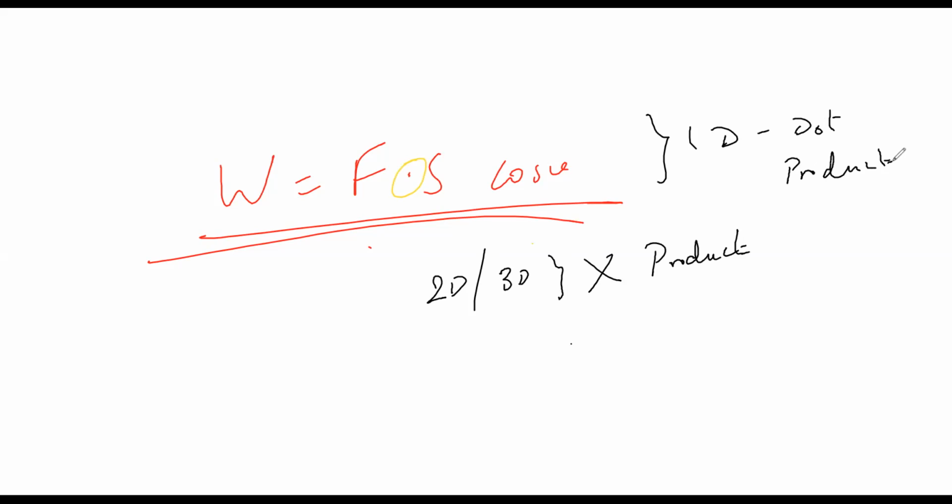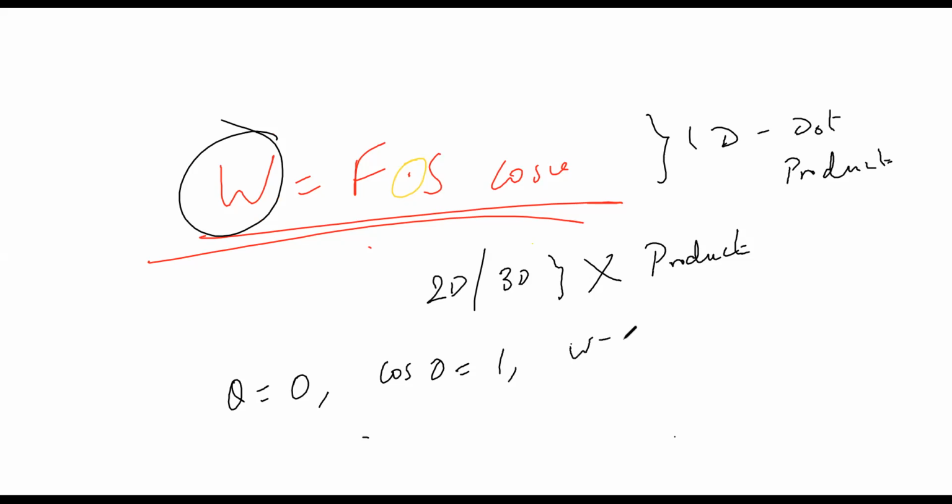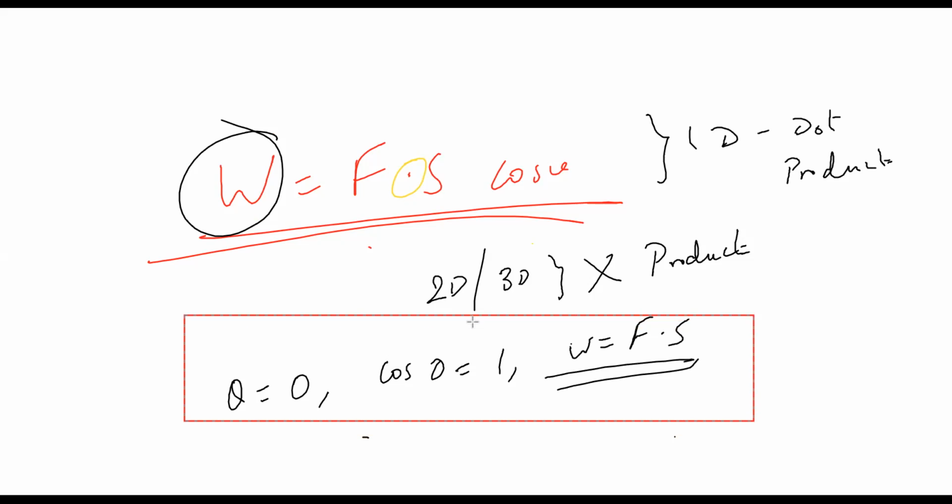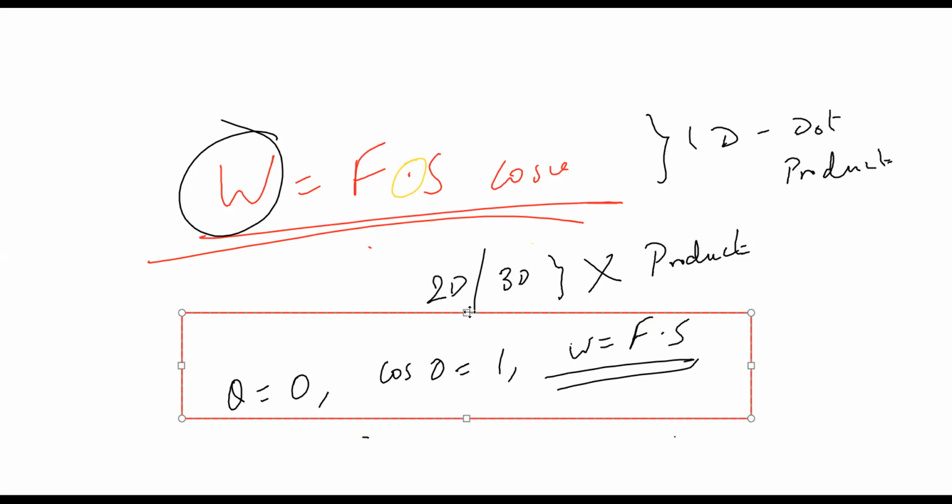When will this work done be maximum? When theta is equal to 0, cos 0 is 1. So you have to be good in trigonometry also. So W is equal to Fs.